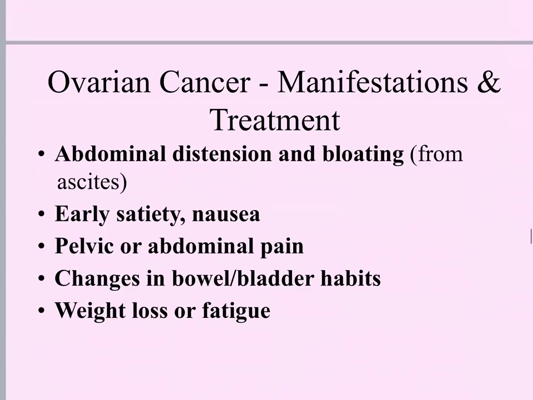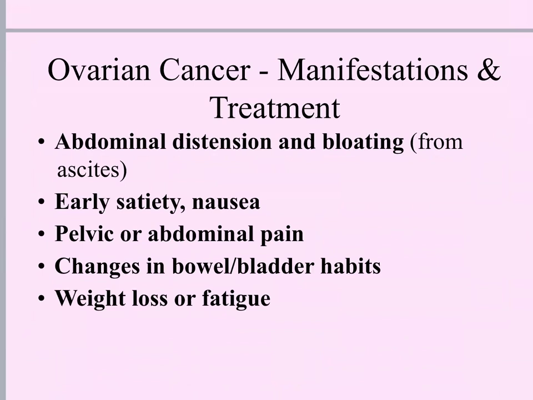So, what would make somebody think, outside of maybe having a mass on pelvic exam, that they had ovarian cancer? Well, the scary thing about it is the symptoms are pretty vague. Abdominal distension and bloating.